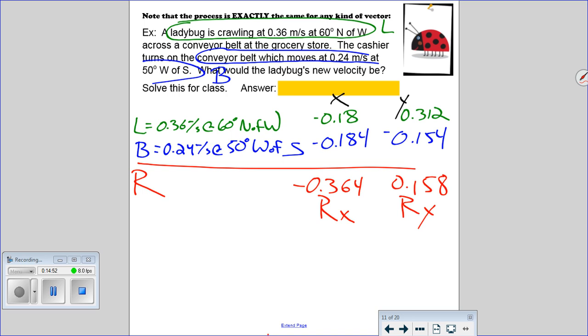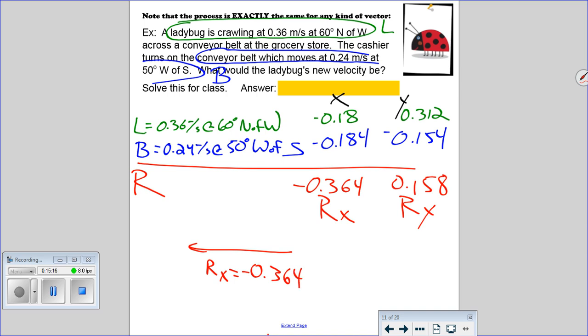Follow you guys? All right, so now we've got a vector, we know the components. Now we just draw the components and put the vector back together again. I always draw the x component first, so here it is. Rx equals negative 0.364, left because it's negative.